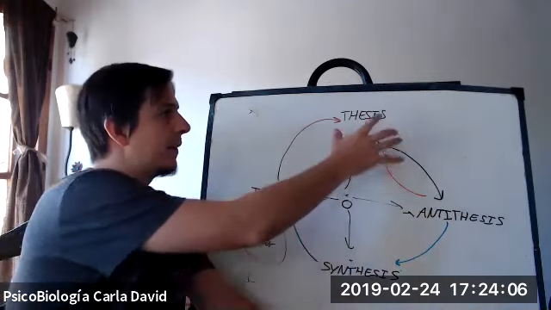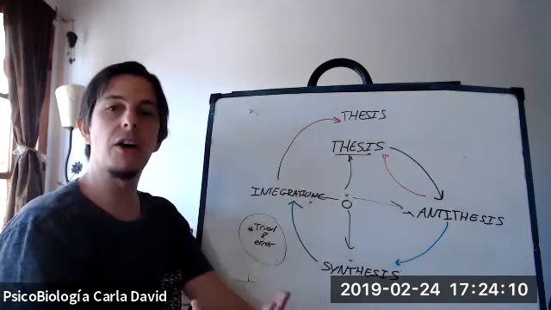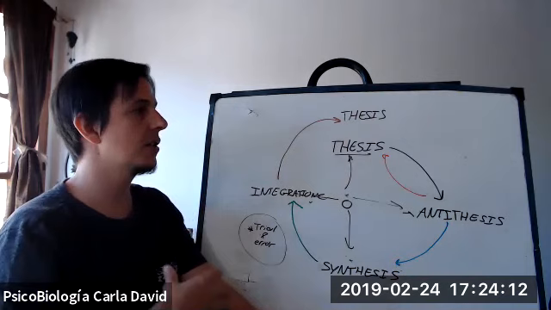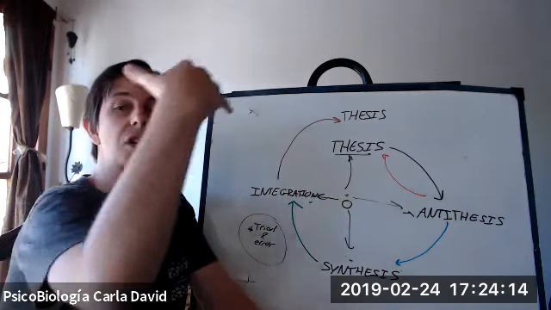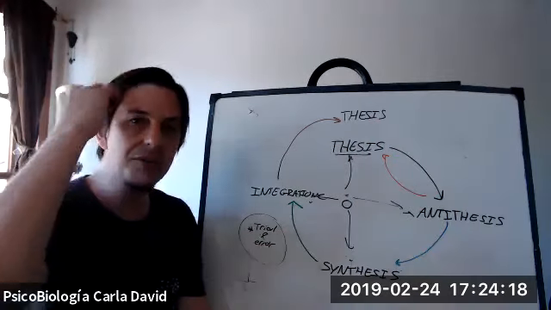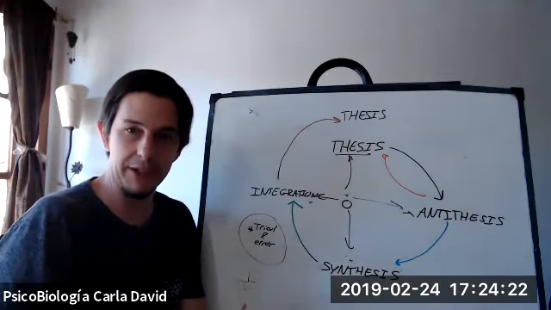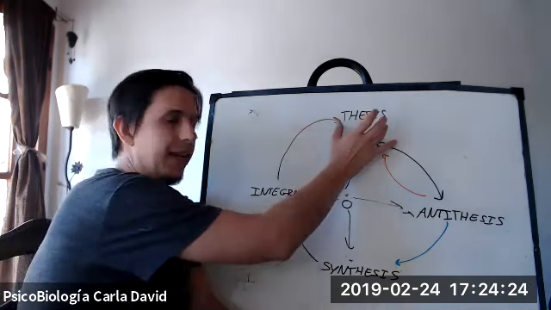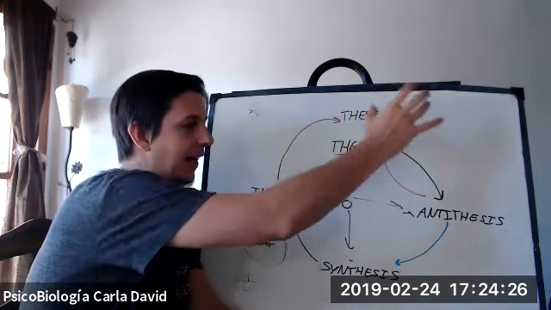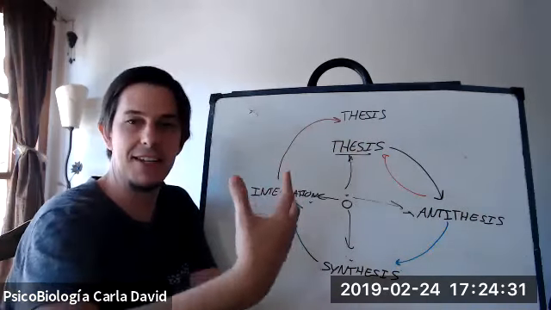Okay, but this new thesis, this new integrated state of consciousness, it also wants to continue this process of growth and of transcending, and of evolving. So what is it going to need, again? An antithesis, a new antithesis, a different challenge.